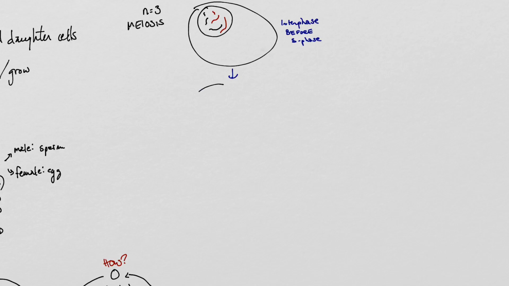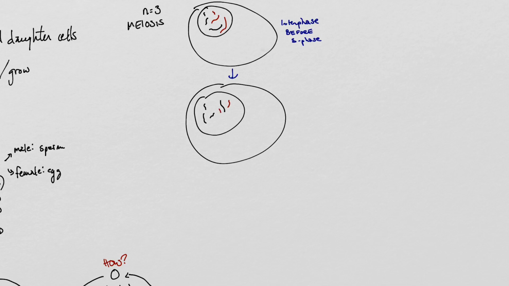So then we're going to have S phase happen in interphase, and now our nucleus is going to have 2 little black chromosomes, and 2 little red chromosomes, and 2 medium black chromosomes, and 2 medium red chromosomes, and 2 long black chromosomes, and 2 long red chromosomes. This is interphase, after S phase.